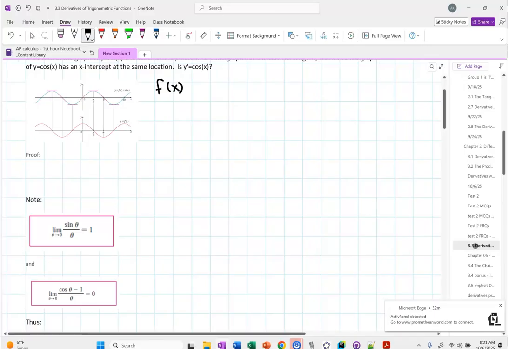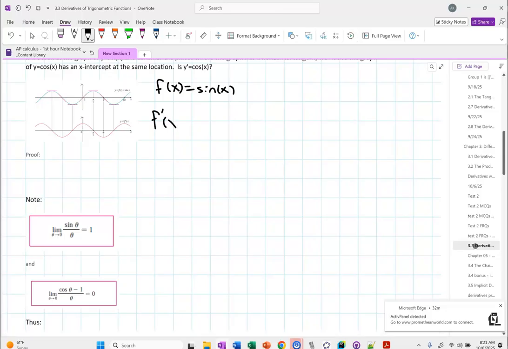So, again, if f of x is sine x, the derivative is the limit as h approaches 0 of sine of x plus h minus sine x, all over h. And again, if I do a direct substitution here, I end up with 0 over 0.